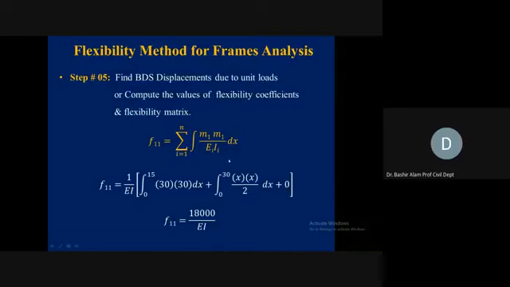So here again, we take the integral product and putting the limit, we get F11 is equal to 18,000 divided by EI. Again, remember, here we don't divide individually by 125,000 and write the numbers, because you will be wasting time. So you do it very professionally so that you can save some time also. You put all the numbers together, then you divide this by 125,000.